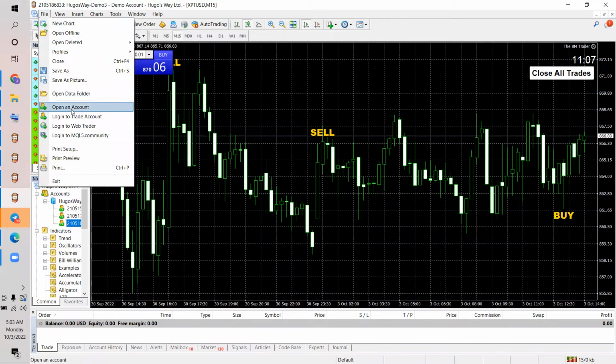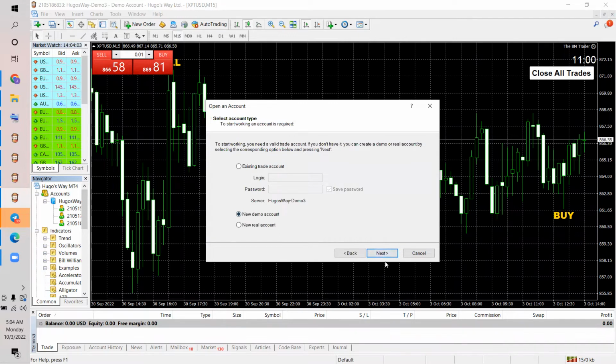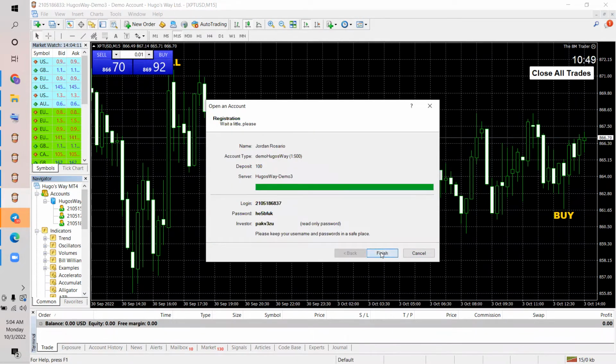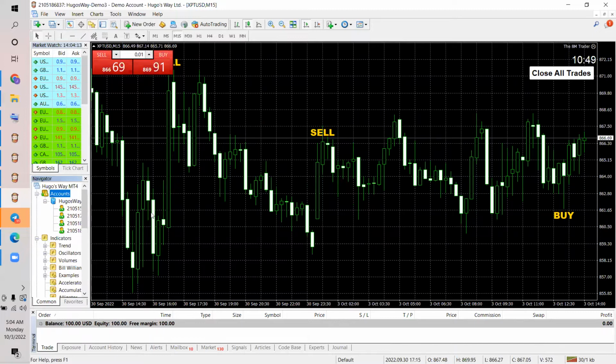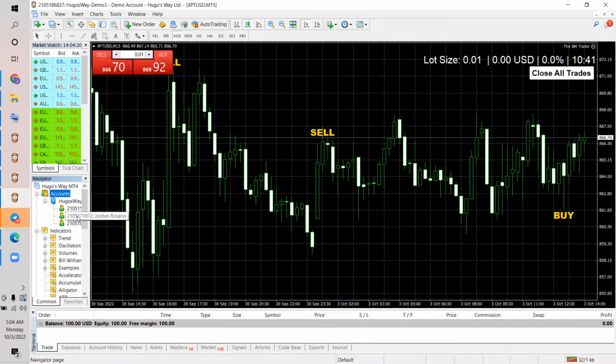I'm going to open an account. There we go. I'm going to left click on next, left click new demo account. Thing right there is good. We'll put the deposit at 100. I agree to subscribe. Okay, there we go. So we've got the new demo account set up. So I'm just going to delete some of these accounts since we don't necessarily need them anymore.